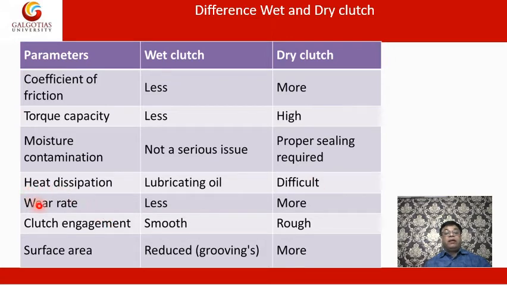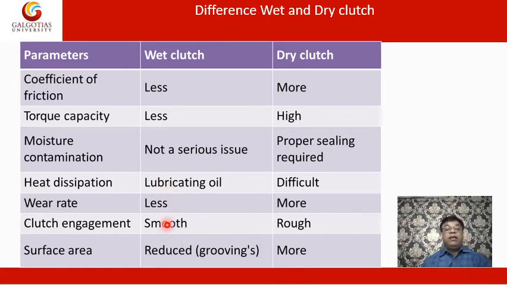Then wear rate. The wear rate of wet clutch is less in comparison to the dry clutch. There is more wear rate in the dry clutch because of the dry surface contacting. If we see the wear rate in wet clutch, it is about 1% of the rate expected in dry clutches.